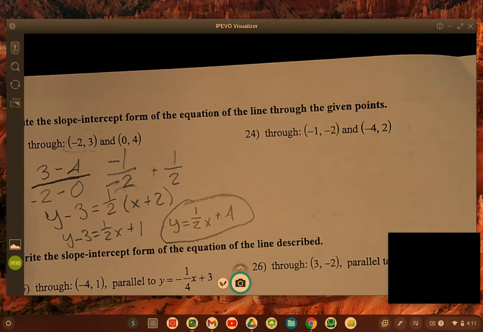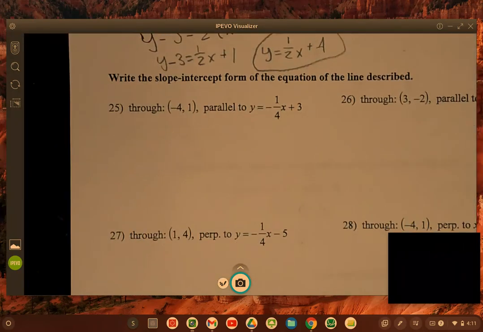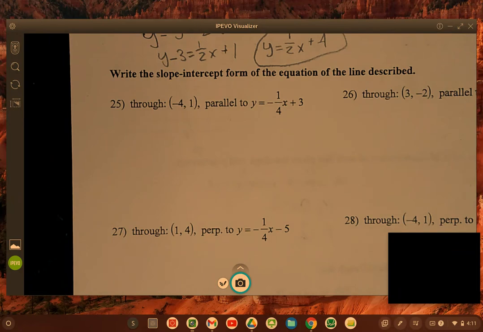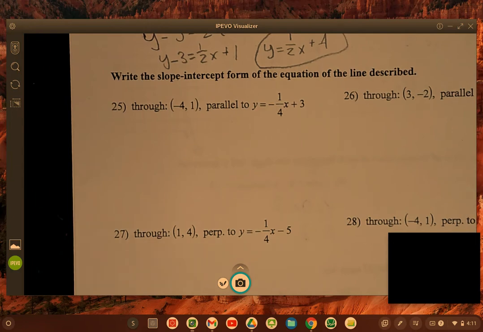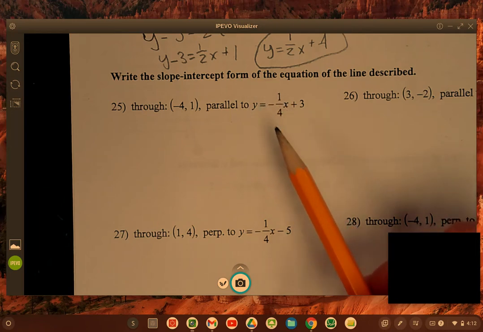Okay, go down to 25. Write the slope intercept form of the equation of the line described. It's parallel to that line. If it's parallel, what does it tell you about the slope?